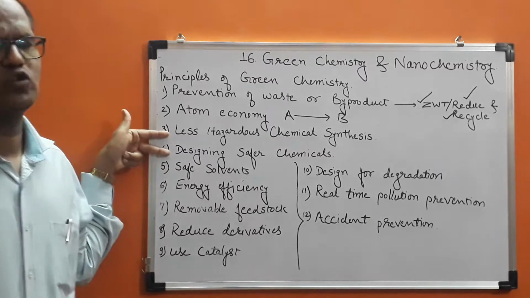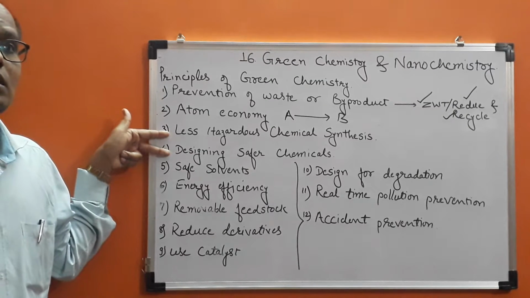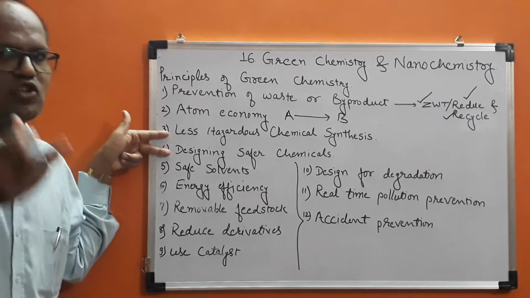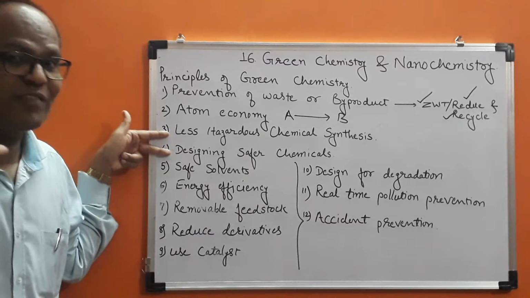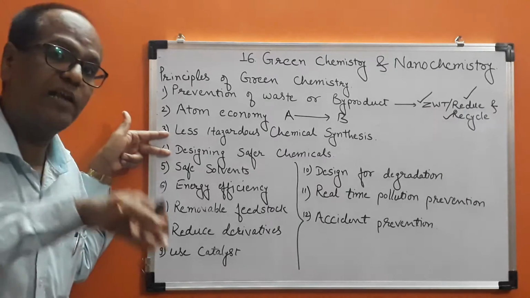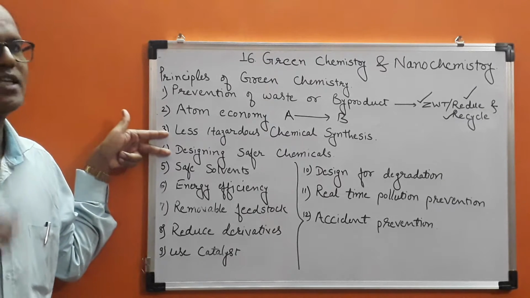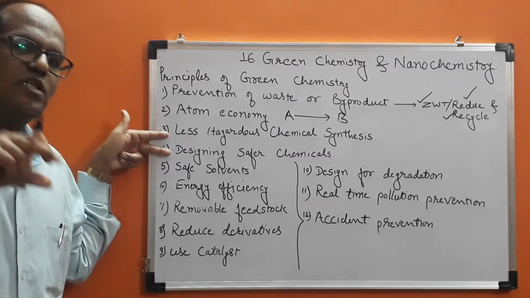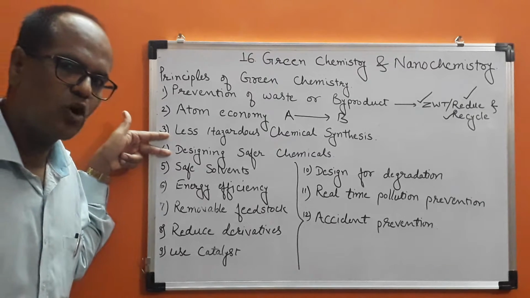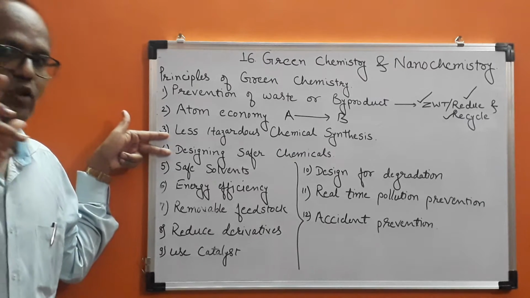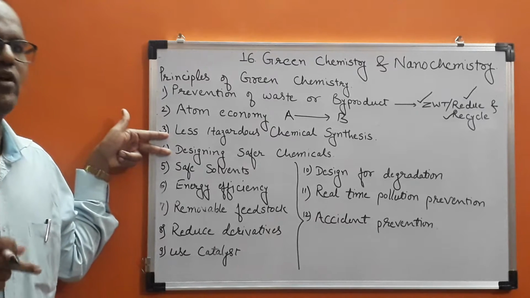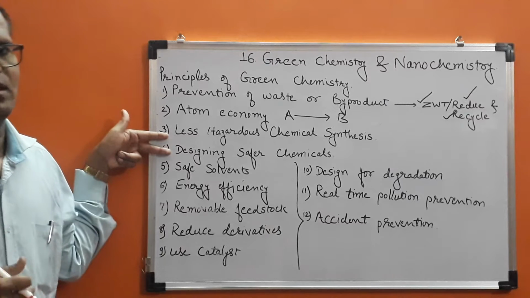After that, next is less hazardous chemical synthesis and designing of safer chemicals. These 2 points are almost the same. There are very many chemicals which are hazardous in nature, which are carcinogenic, which are not human friendly, which are not environmental friendly. For example, benzene. In those industries where benzene is used as a raw material, millions of workers are facing health problems.